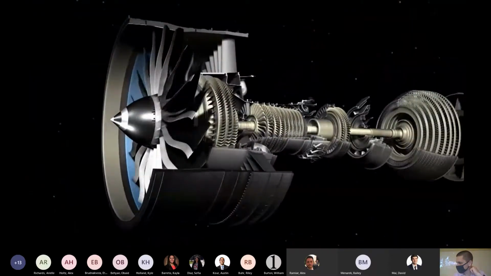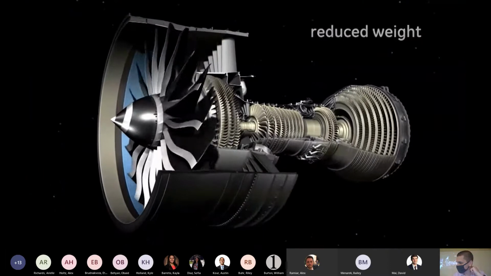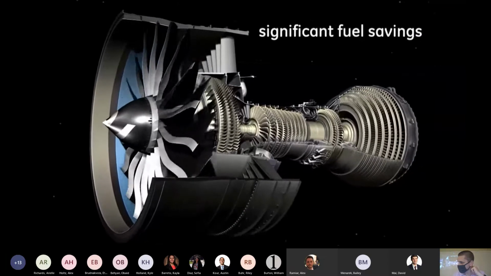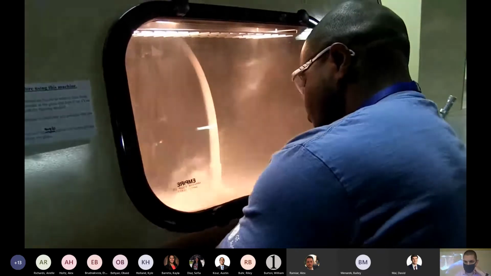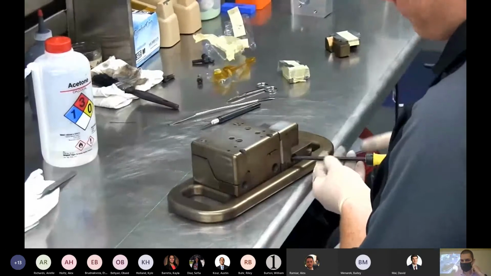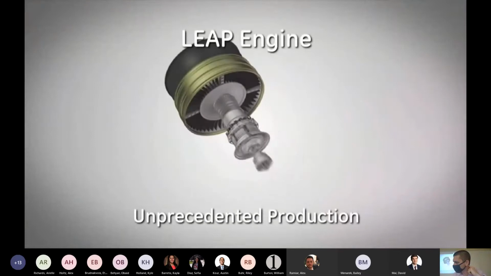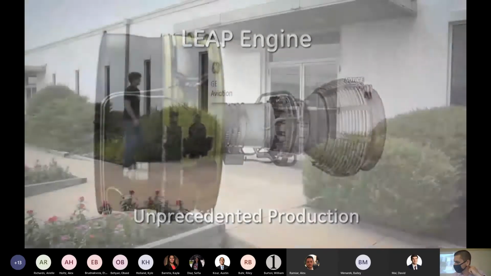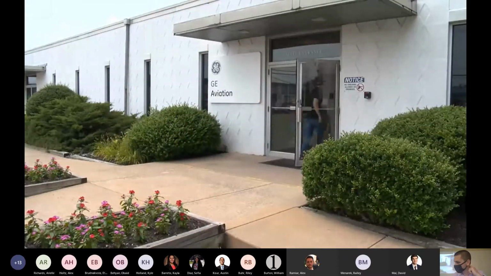On future engines, GE's ultra-lightweight CMCs shed hundreds of pounds off the engine, improve durability, and reduce the need for cooling air, resulting in improved combustor efficiency and fuel savings. Kevin and the rest of the team in Newark will help craft 800 parts, just like this one, every day for the LEAP engine, which has amassed more than 3,600 orders in the early days of the program. So what's the secret behind this unique CMC material? Well, you're about to find out.